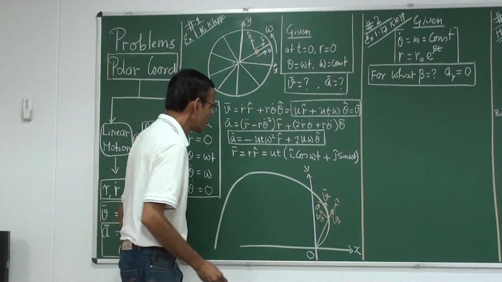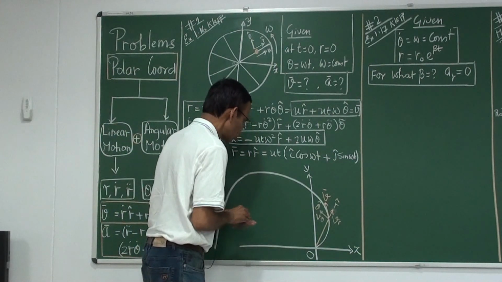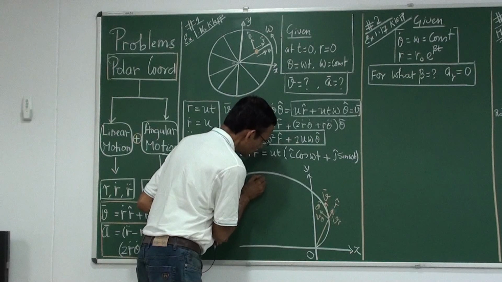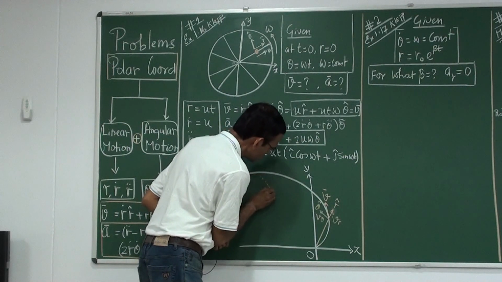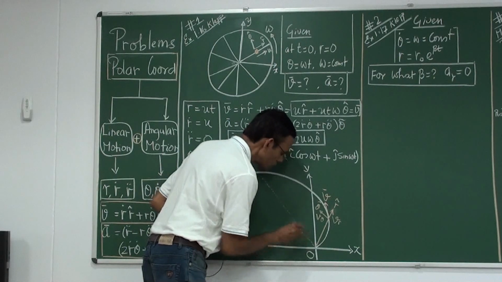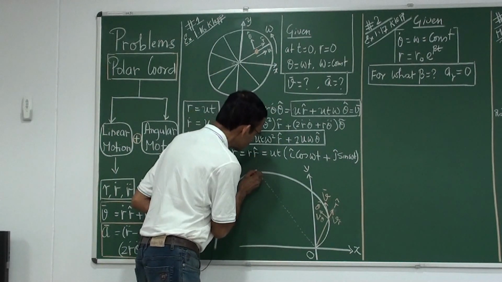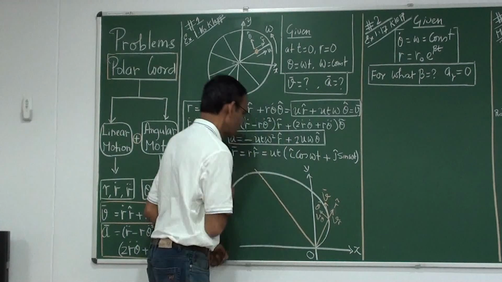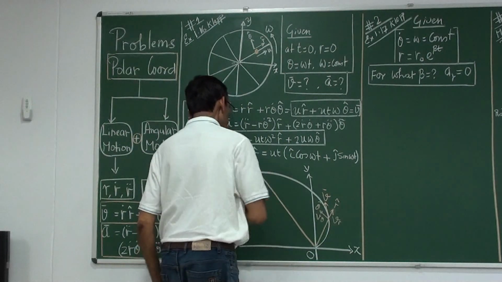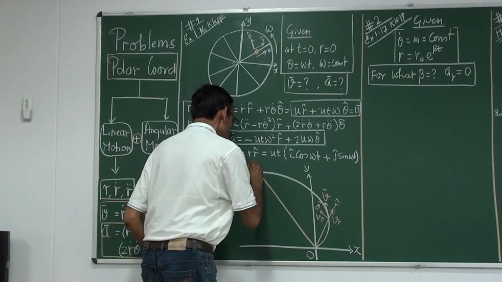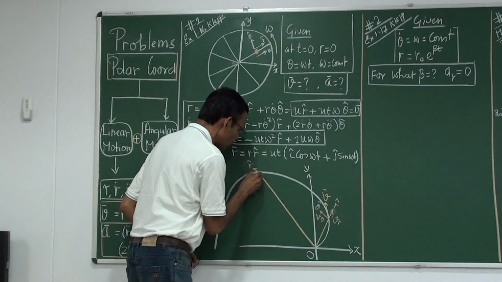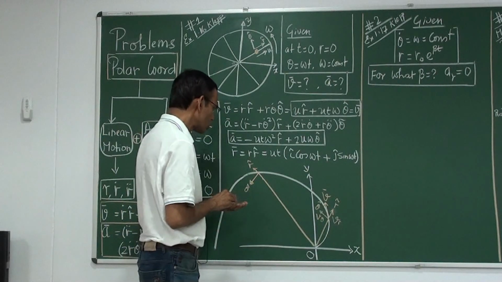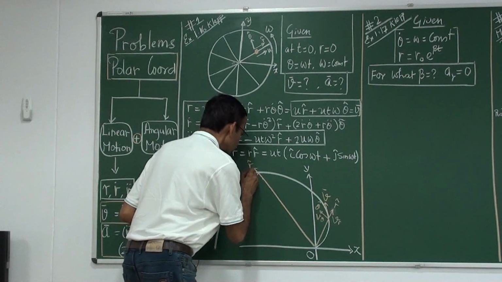Let us take some point over here. This is your r cap direction, perpendicular to that is your theta cap direction, and your velocity vector is this one.